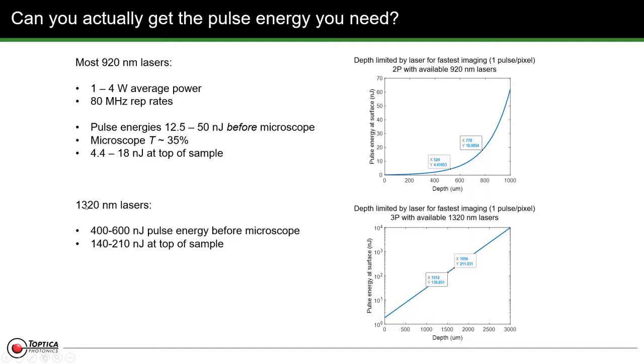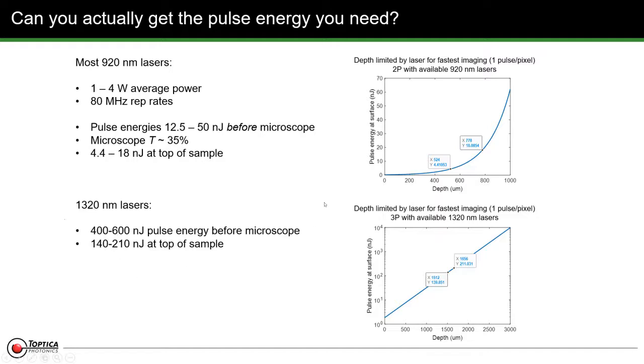And then 1320 nanometer lasers, these are typically OPO based. You start with probably a 1 micron fiber laser, pumping an OPO, which splits your 1 micron light into 2 photons. And one of them would have the energy corresponding to a wavelength of 1320 nanometers. And those systems often have higher pulse energy. You can get them between 400 and 600 nanojoules before the microscope.